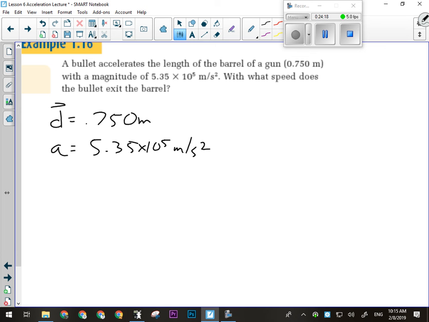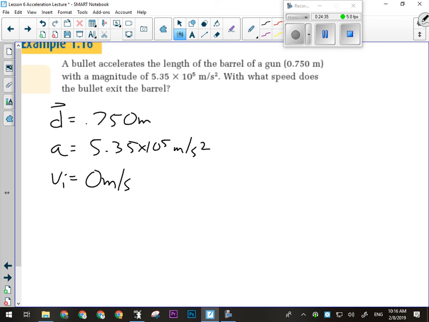They don't outright say this, but what's the initial velocity of the bullet? 0. We have to assume that, given the context of the question. The bullet wasn't already moving when the hammer struck it.